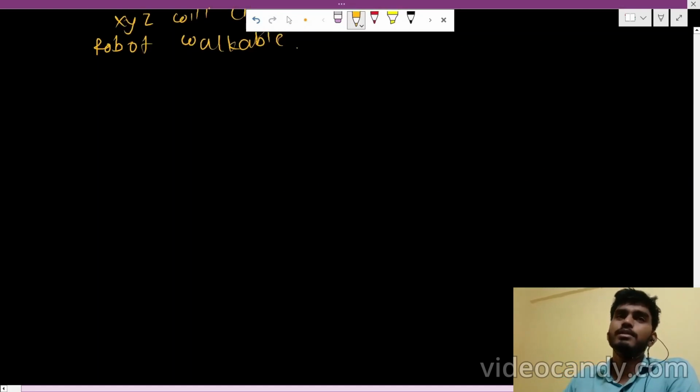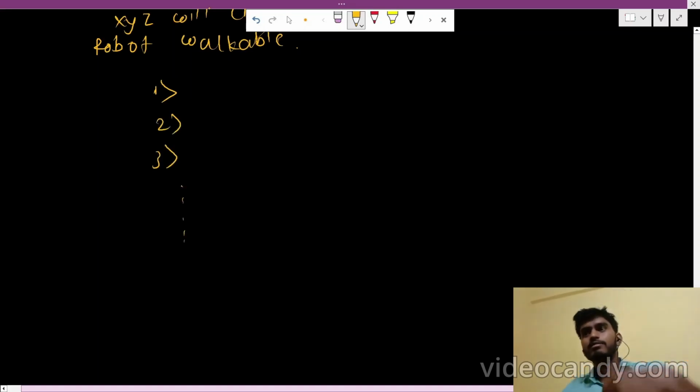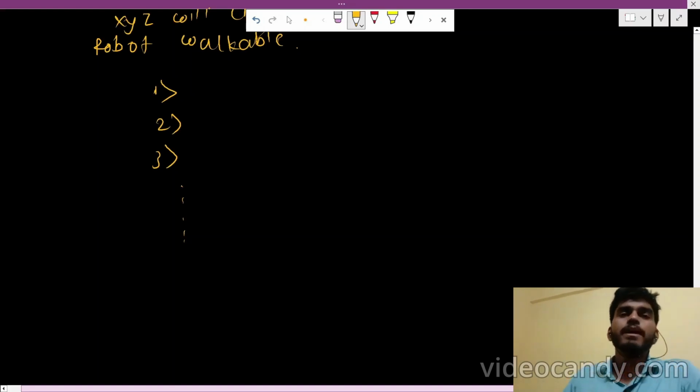As per my understanding, there should be some rules: one, two, three. It depends on how many rules they want. So roughly I will write some major or needed rules to make this robot work.